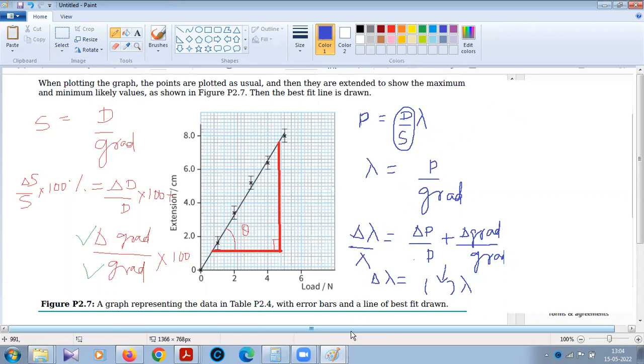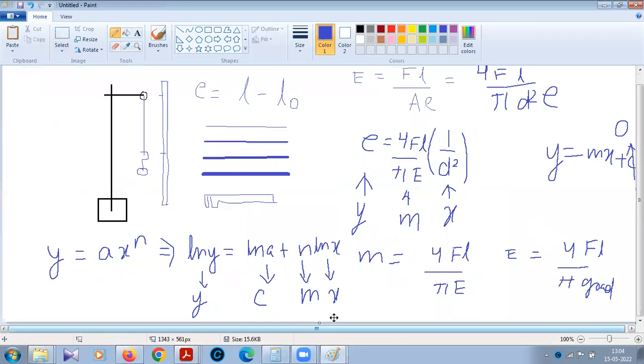Like I have shown you in this case, y equal to a x to the power n. So that is ln y equal to ln a plus n into ln x. So they can tell you to find out the error in this. How do you find out the error in this? First of all, you will do like this, and then you can divide it like this.